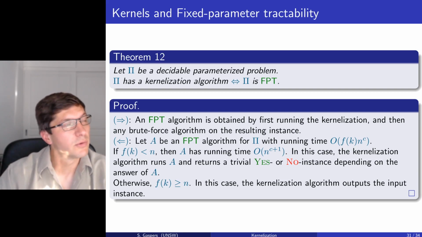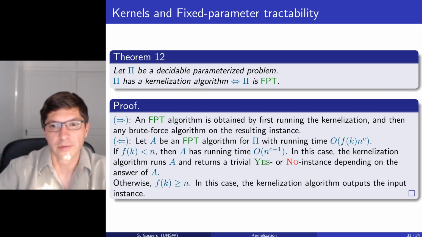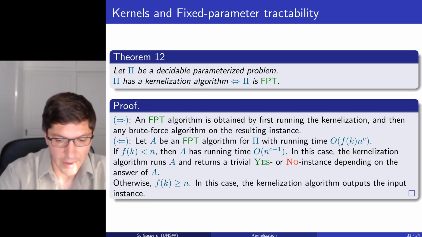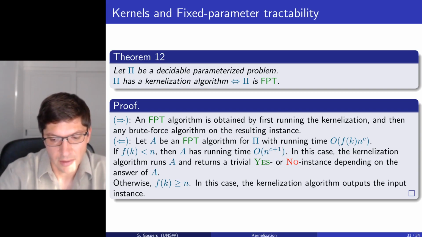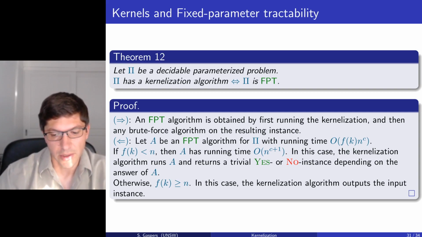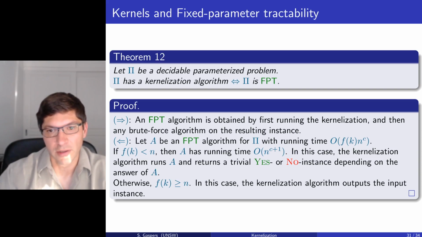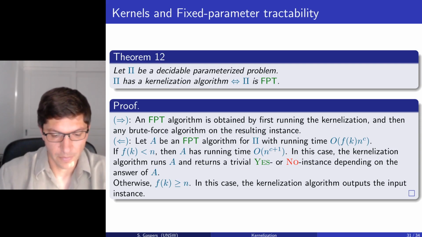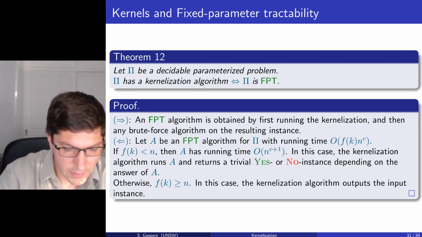So we have a polynomial time algorithm that just solves the instance. Our kernelization algorithm solves the instance. If it returns yes, we return a trivial yes instance. If it returns no, we return a trivial no instance. This handles the case where f of k is less than n.